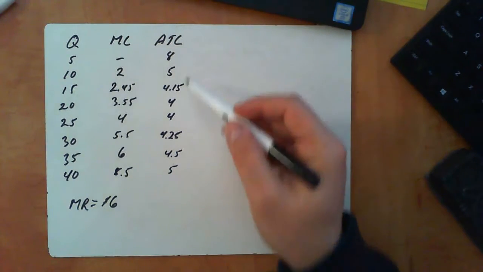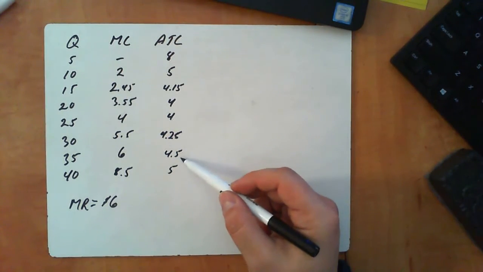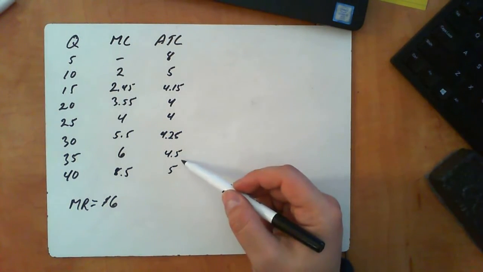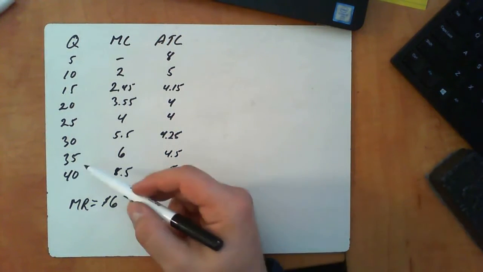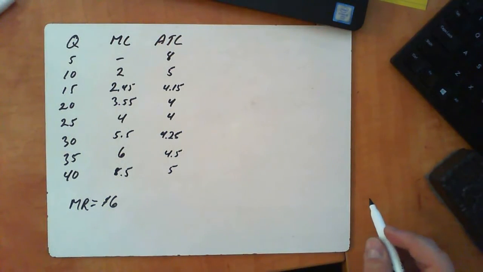Then at the profit maximizing quantity, what is the total cost of producing earbuds? Well, we have the average total cost at 35 earbuds of $4.50. $4.50 times 35 pairs would equal the total cost of $157.50.